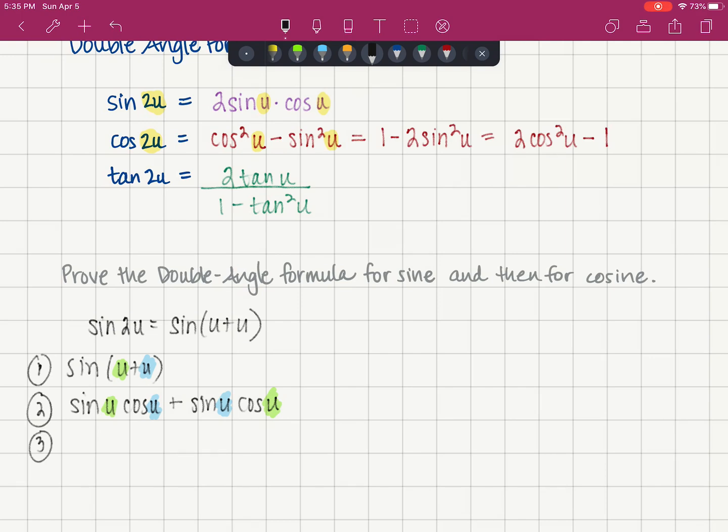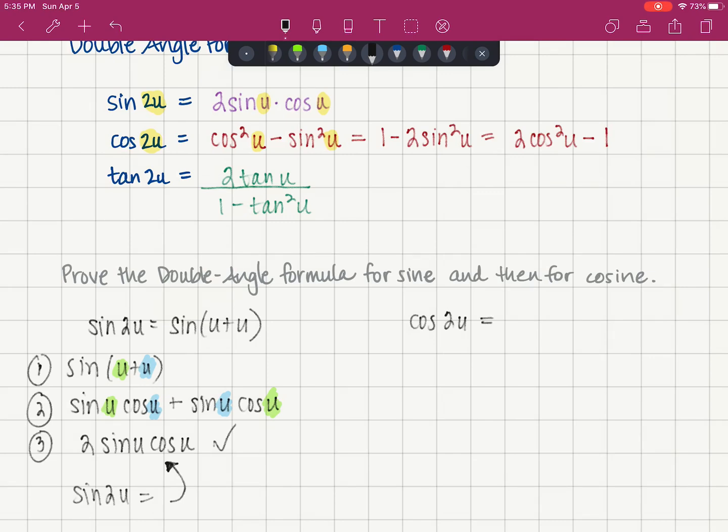Now you can see why I tend to write sine cosine plus sine cosine, because when those two angles are the same angle, it's the double angle formula. Sine of u, cosine of u. Almost the coolest thing since sliced bread. So that's why the sine of 2u is equal to that.